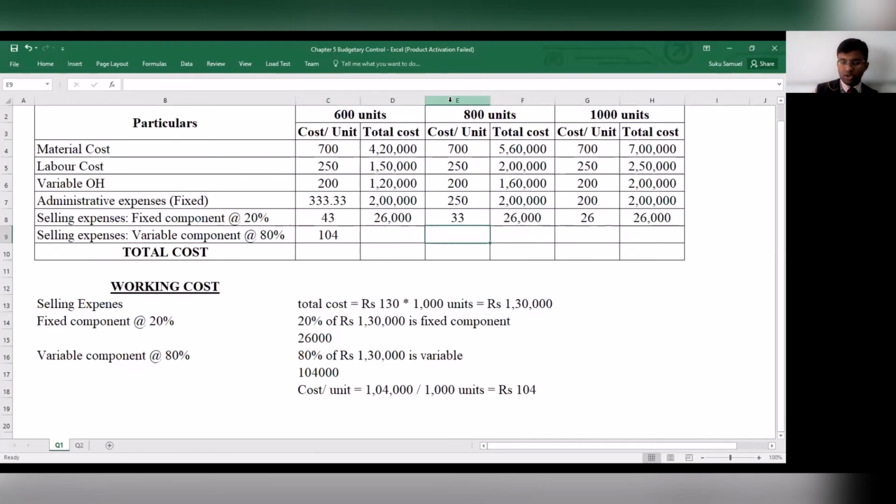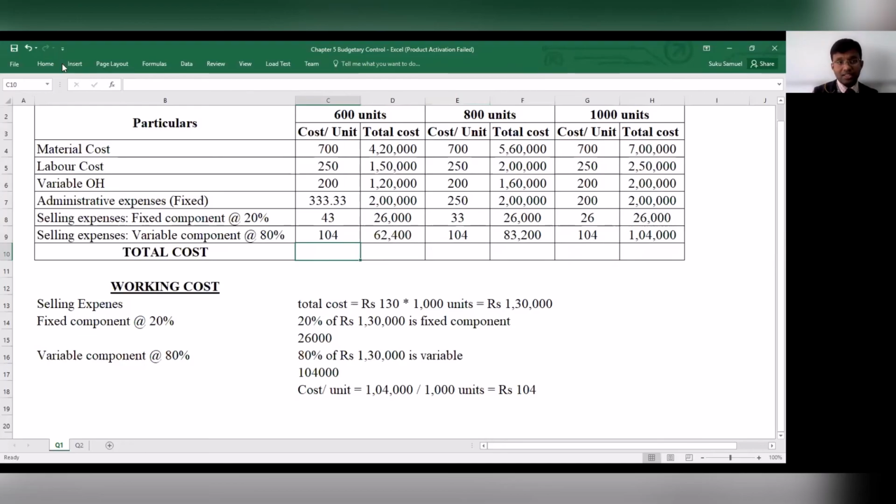So here it will be 104, here also it will be 104, here also it will be 104. Now we have to calculate total cost. So how do you calculate total cost? Here it will be 104 into 600, which makes it 62,400. Here it will be 104 into 800, which makes it 83,200. And then here it will be 104 into 1,000, which makes it 1,04,000.